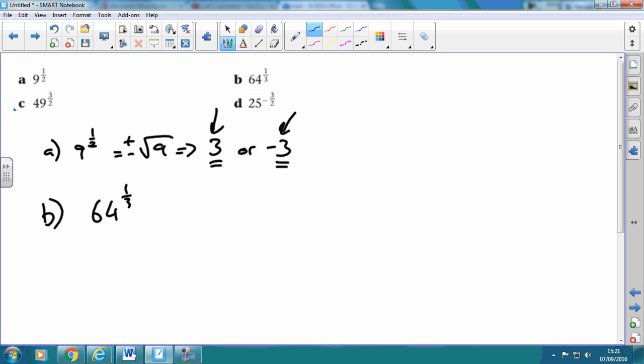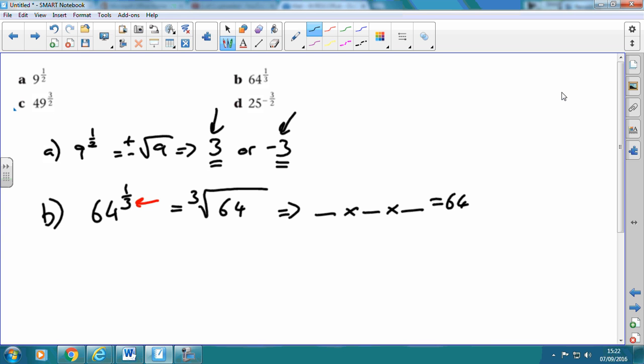B, 64 to the power of a third. Now, the number on the bottom of the fraction, that's the root. So what we can do is the cube root of 64. What that means is something times by something times by something equals 64.